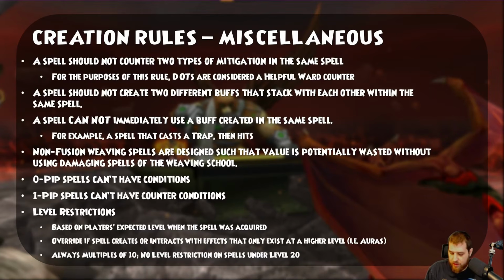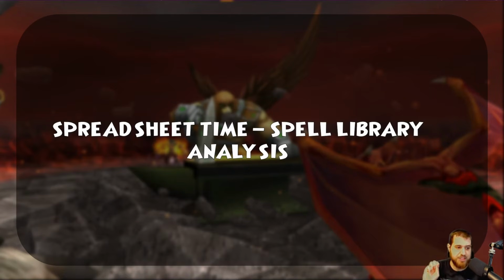Actually, before I go on to spreadsheet number 1, I will note that if your question is why this spell does not follow this rule, just to reiterate, the rules are more like guidelines, and there are reasons that we make exceptions to the things that we do.